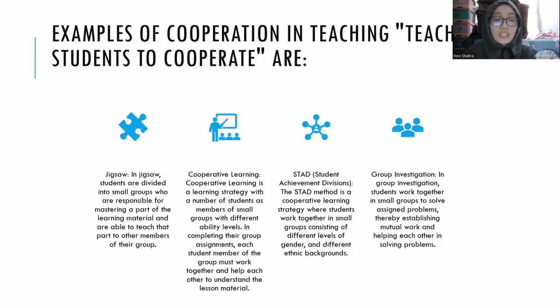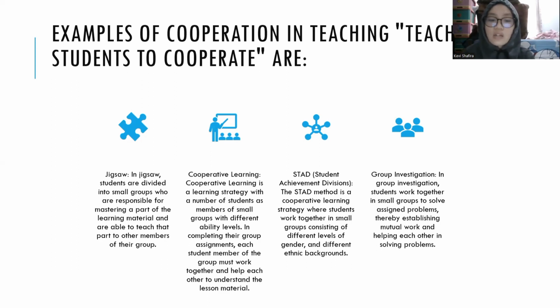Next, examples of cooperation in teaching students to cooperate. First is jigsaw. In the jigsaw, students are divided into small groups who are responsible for mastering a part of the learning material and are able to teach that part to other members of their group. Second, cooperative learning.